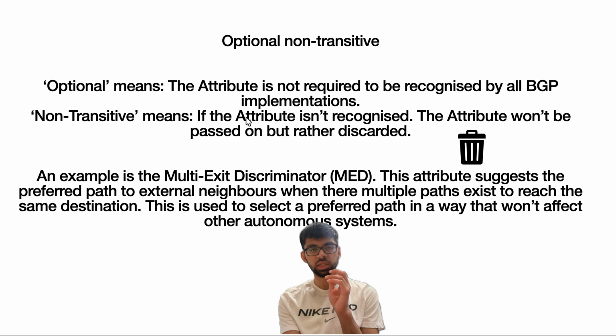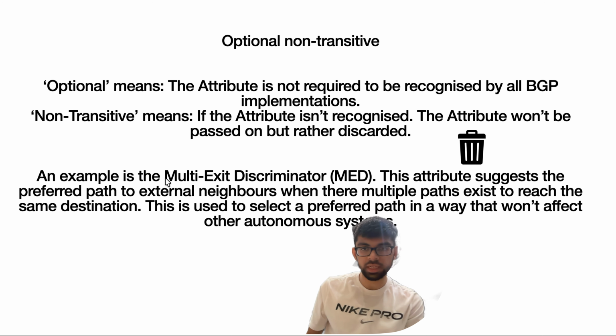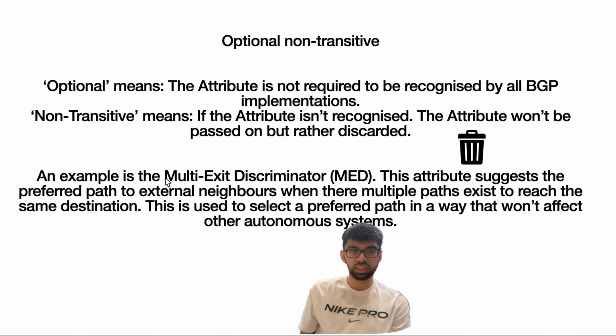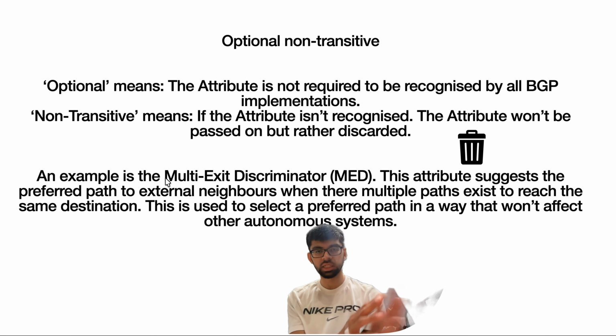Non-transitive means if the attribute isn't recognized, the attribute won't be passed on, but rather discarded. So multi-exit discriminator, MED, is an example, and this suggests the preferred path to external neighbors when multiple paths exist to reach that destination.